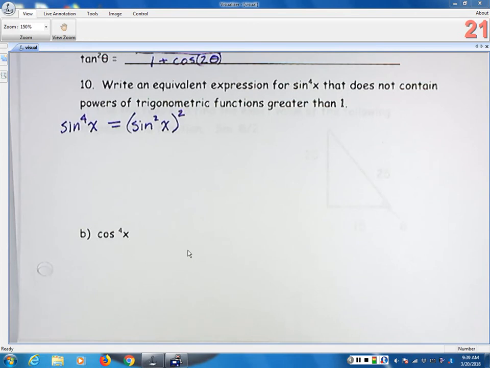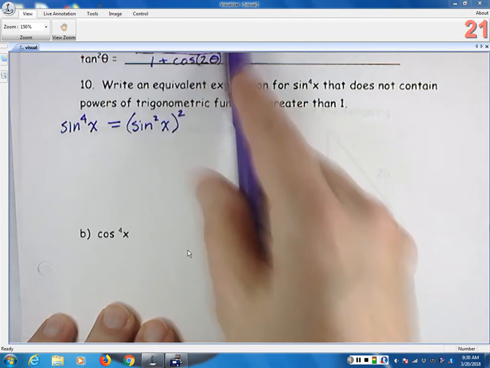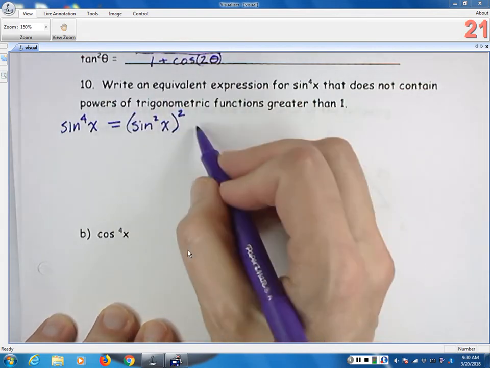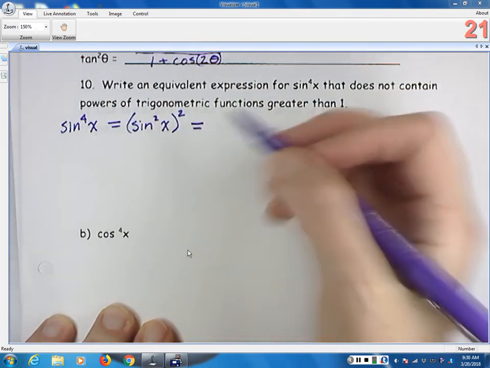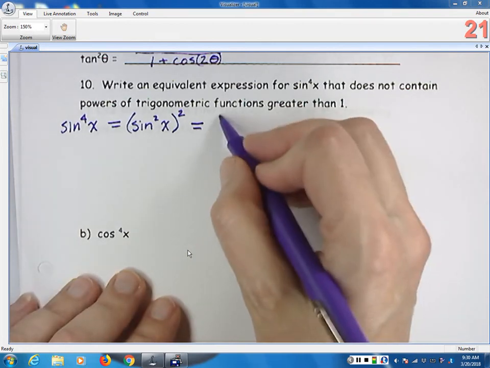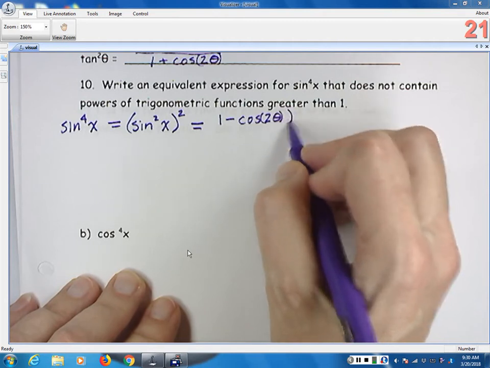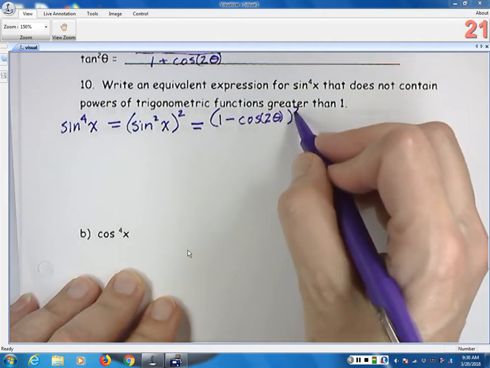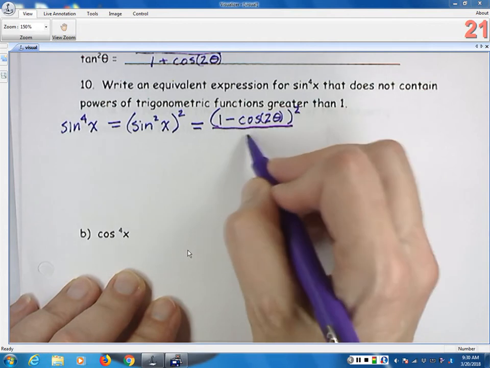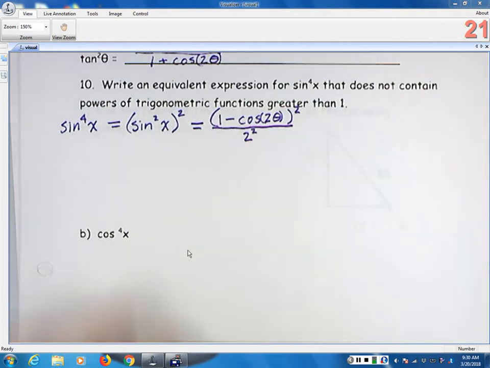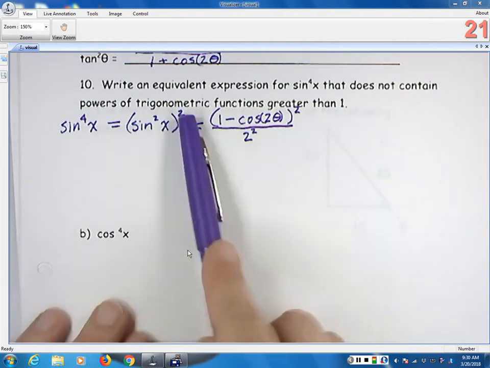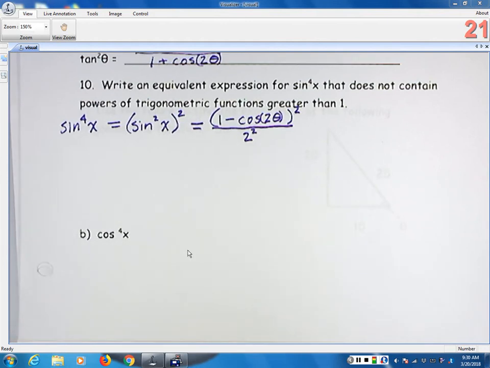And sine squared of x is this, so we're going to replace it with 1 minus cosine 2 theta, and that's squared, and the denominator is squared. When you square a fraction, you can square the numerator separately and the denominator separately. Okay, and then we're going to FOIL.